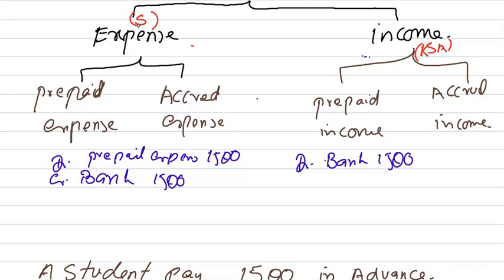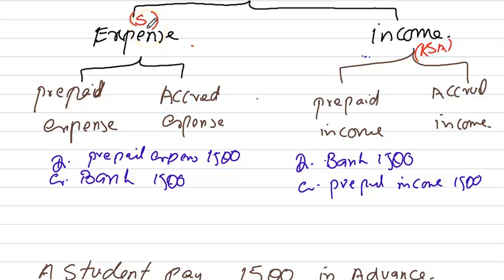So it works like an asset. And what about KSA, the institute? It's not their income yet, but it will be prepaid income. Basically, it will be a liability of the institute, as they have to provide the services.